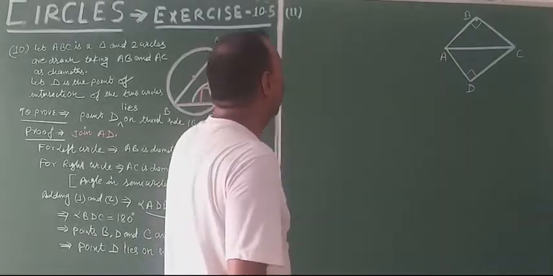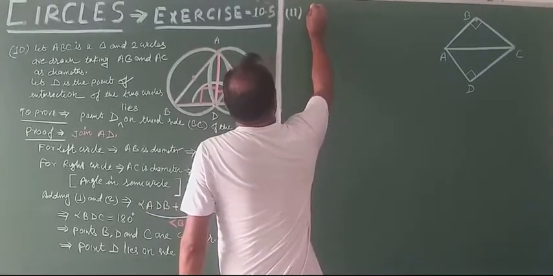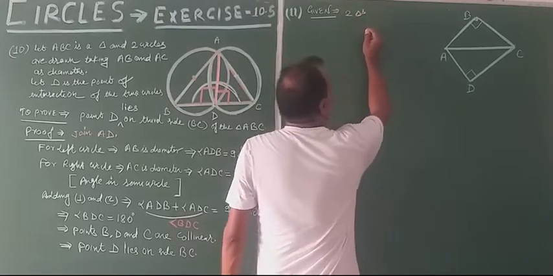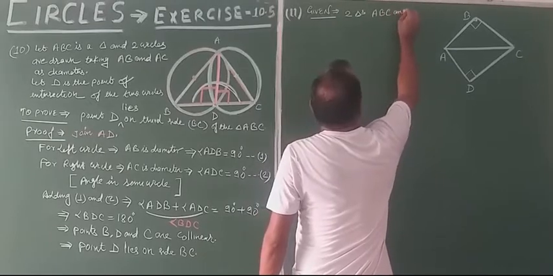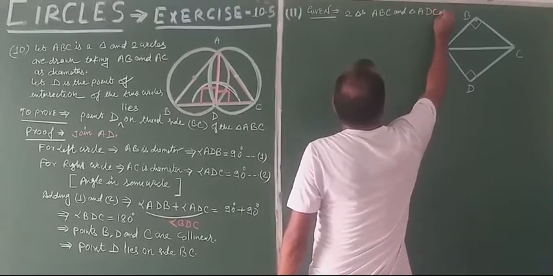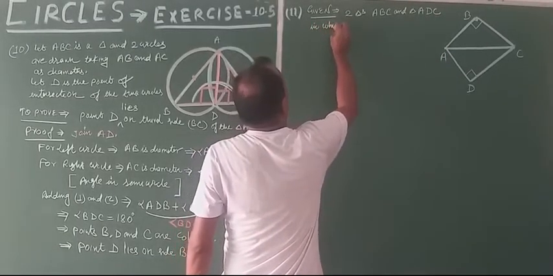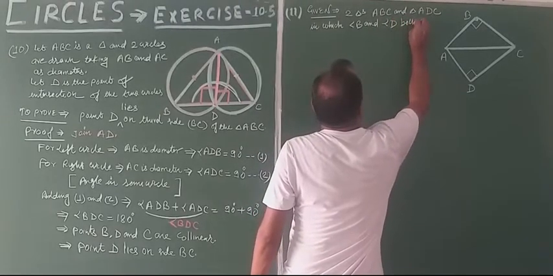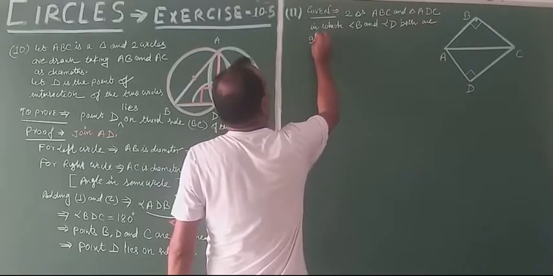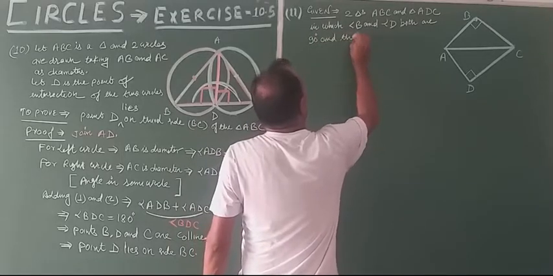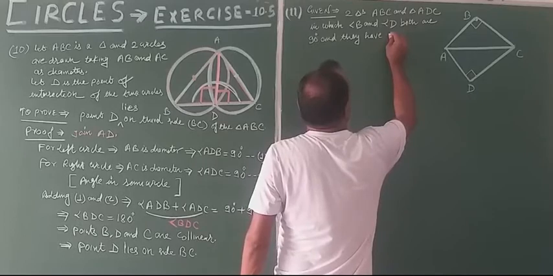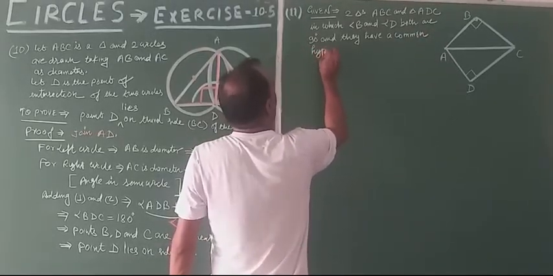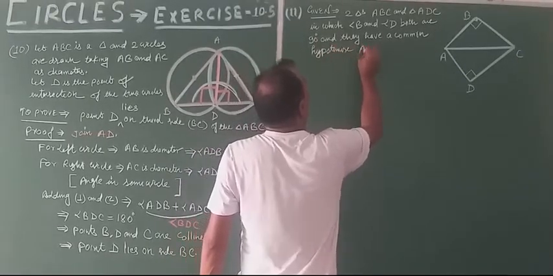So first, look at what you are given. Two triangles, ABC and triangle ADC, in which angle B and angle D both are 90 degrees and they have a common hypotenuse AC.